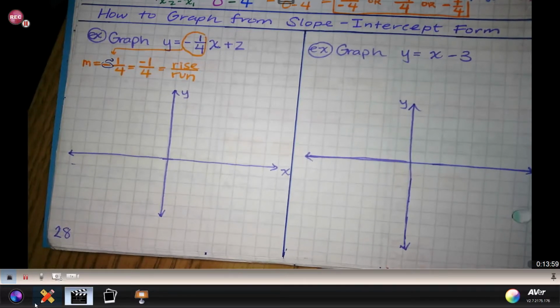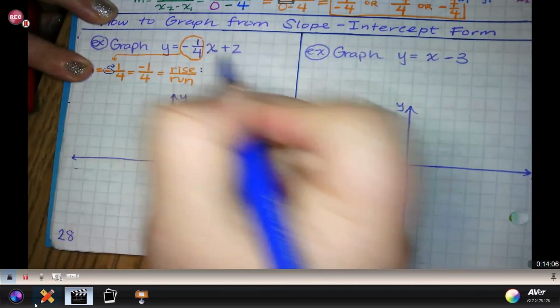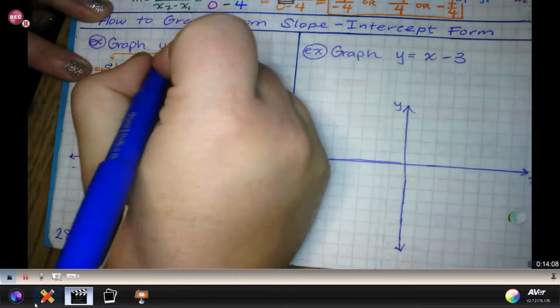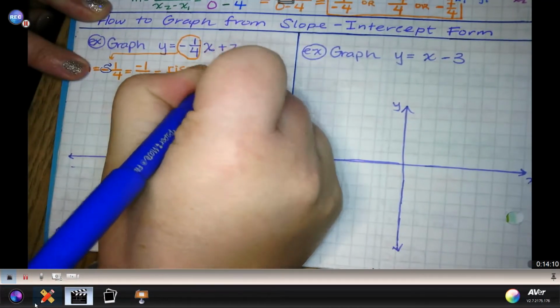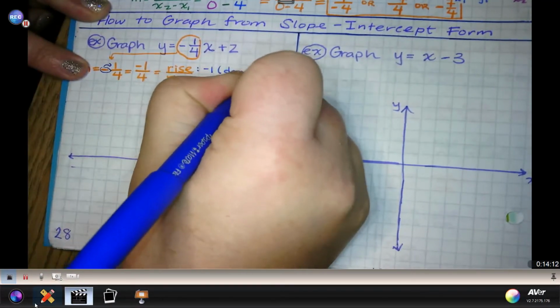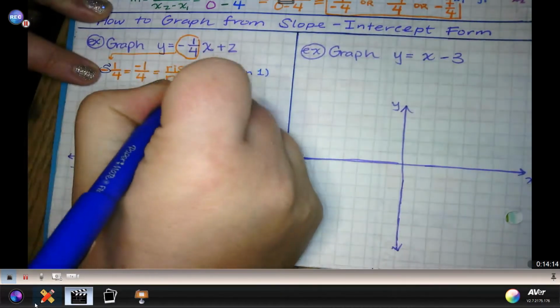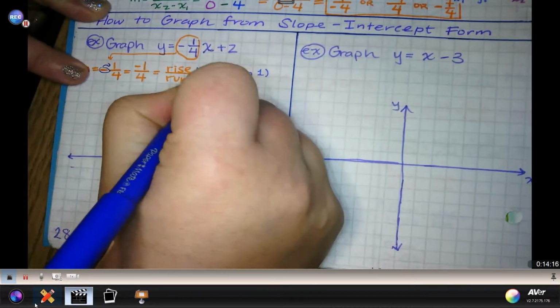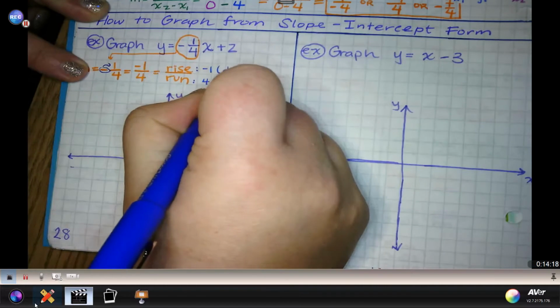Now, what does that mean in this context? Well, since I put my negative in the numerator, that means that my rise is negative 1 or down 1. Okay, and my run is 4, or in this case, right 4.